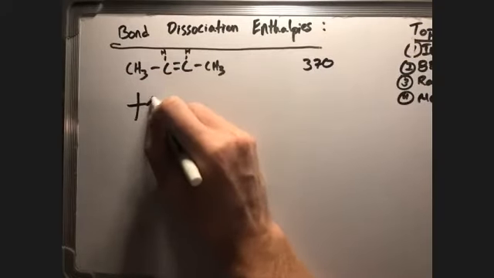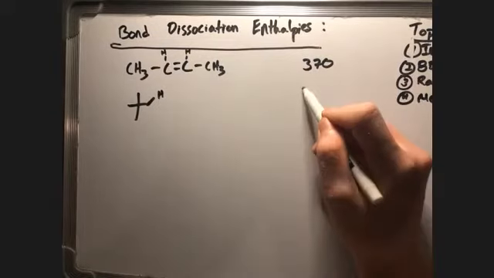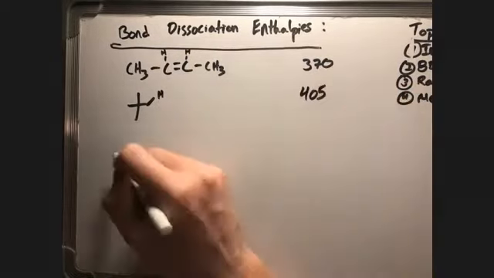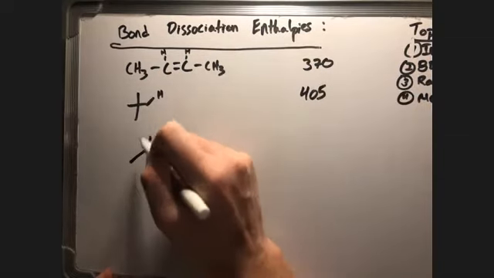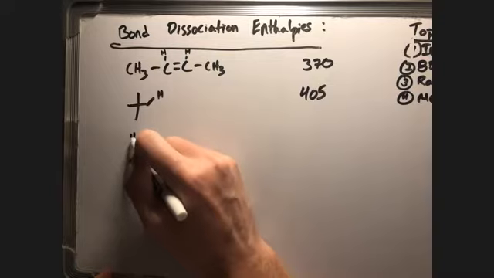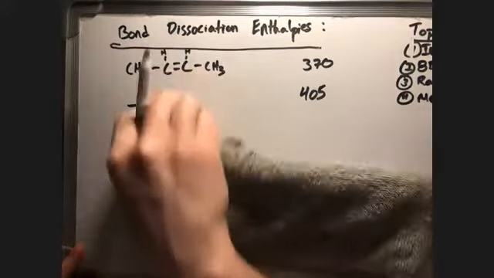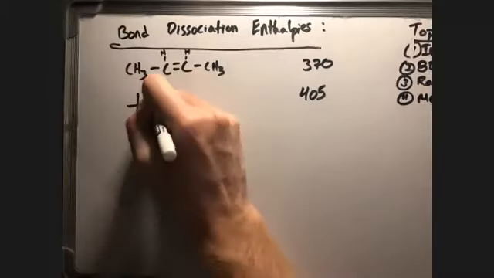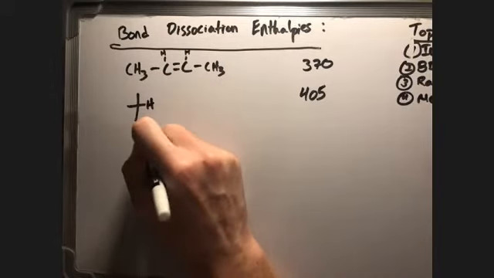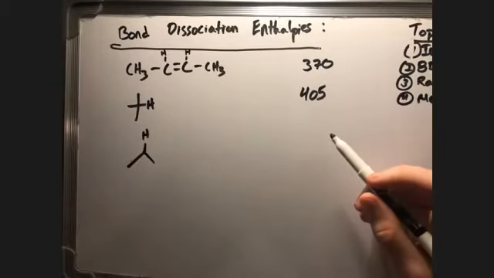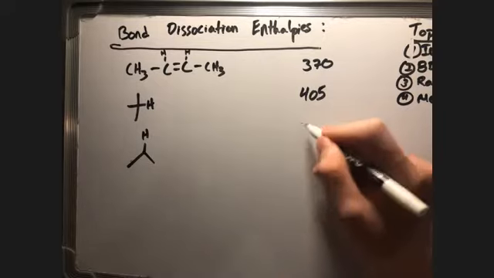So this methyl group, one of the hydrogens there is 405. And then we'll do one more. Oops, this should be like that, and then this like this. Okay, yeah, that makes sense. And this one should be higher, and it is, it's 440.